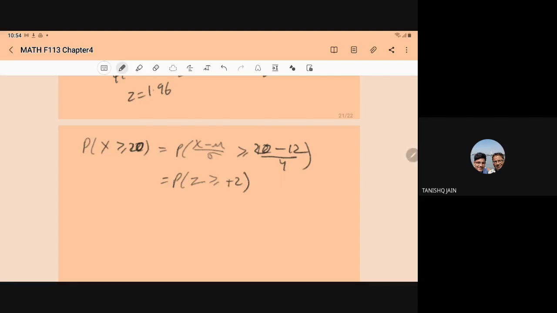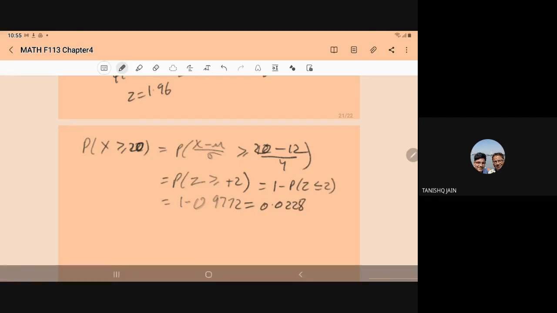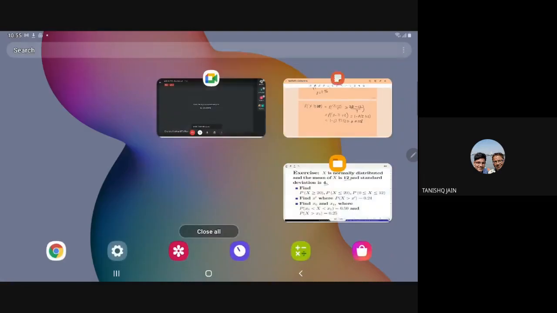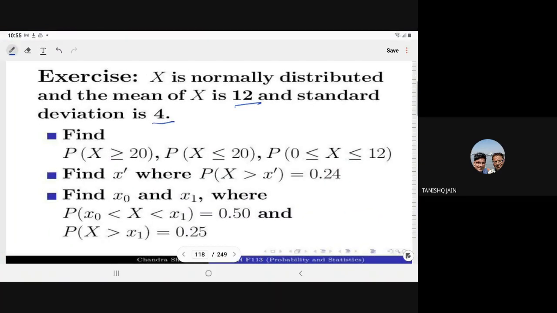Positive 2. You cannot read it directly, so it is 1 minus probability of Z less than or equal to 2. If you see that value, it is 0.9772. So it is 0.0228. In this way, we can determine the required probability for the non-standard one.